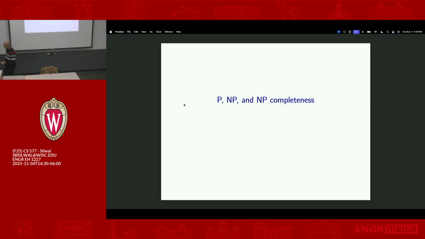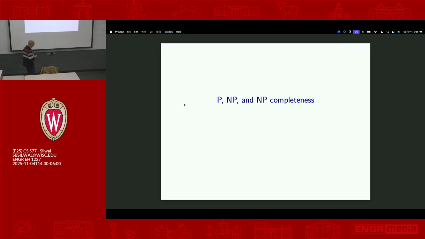Or I say sorting, we can sort in polynomial time, but here's another problem that's much harder: if you've heard about the traveling salesperson problem, if I give you a bunch of cities on a map and distances between them, and I say find a path that visits all the cities of the smallest total cost, it turns out there's no known polynomial time algorithm to solve that problem.